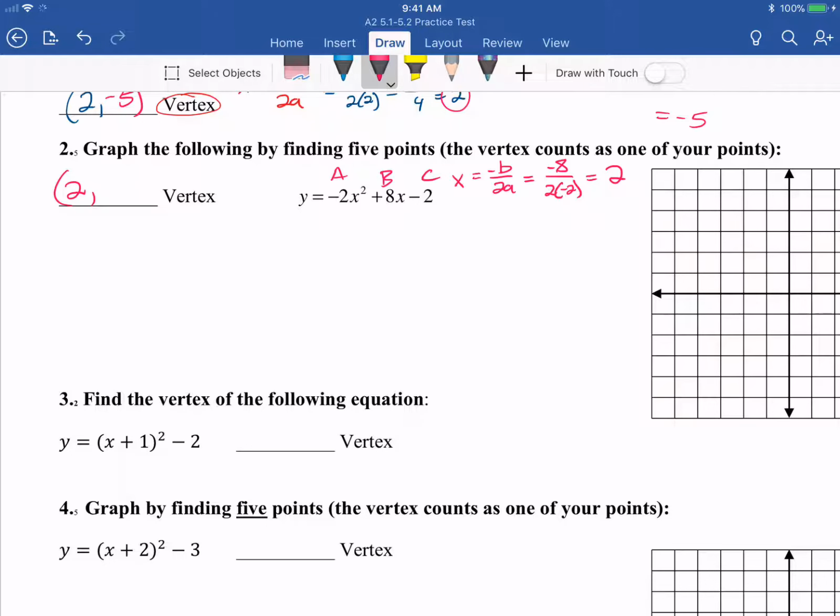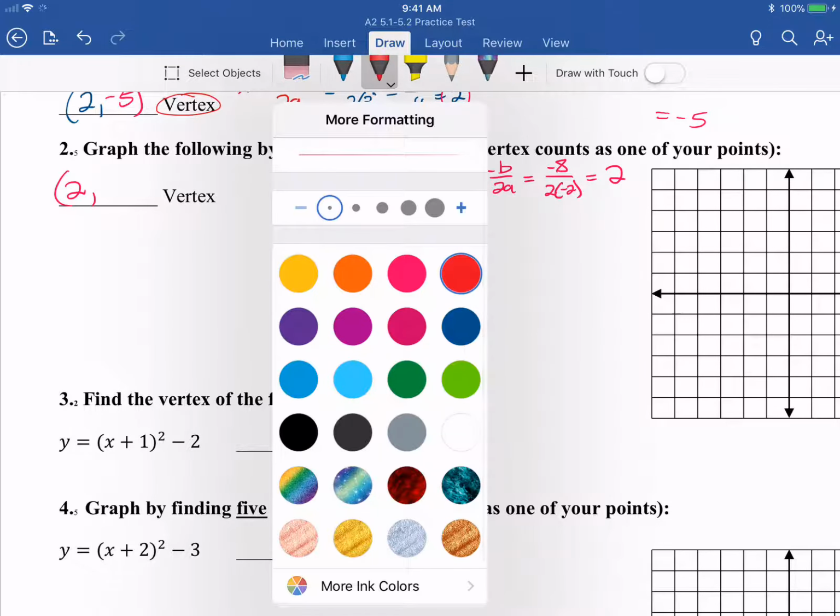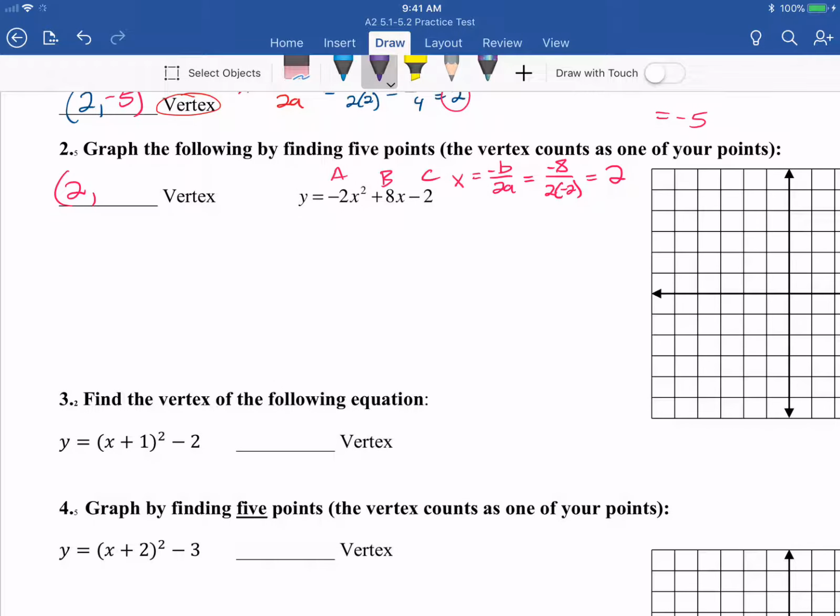So I know my vertex is 2 comma something, but I have to find out what that something is. So I plug this in again: y equals -2 squared plus 8 times 2 minus 2. Plug this 2 in to find out what my y is.